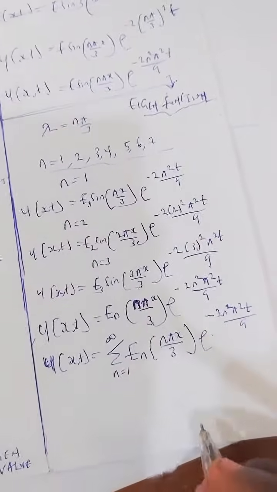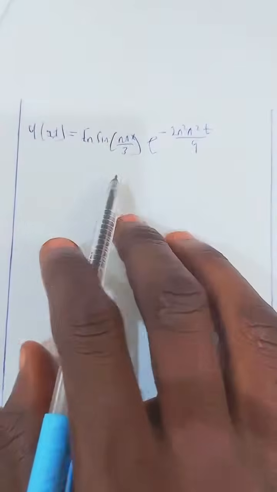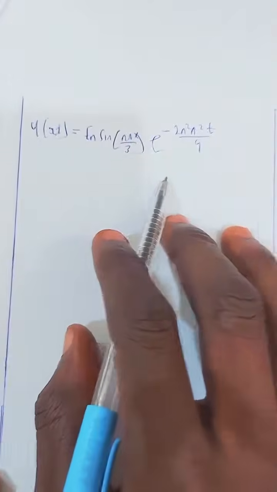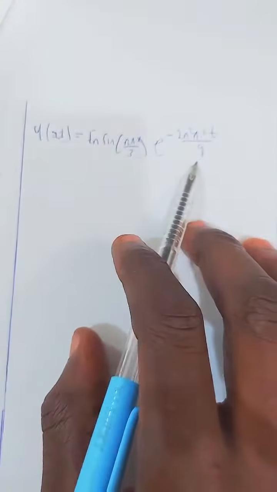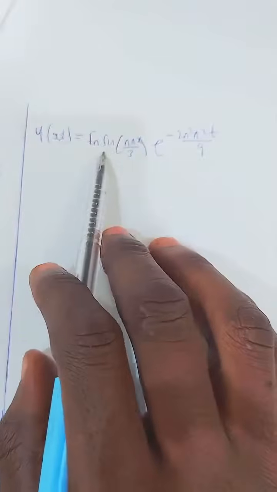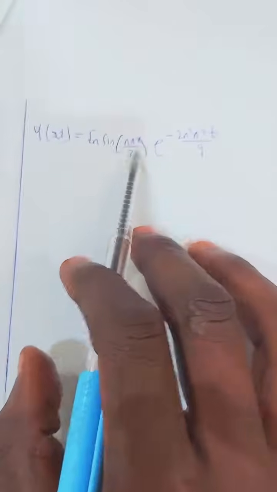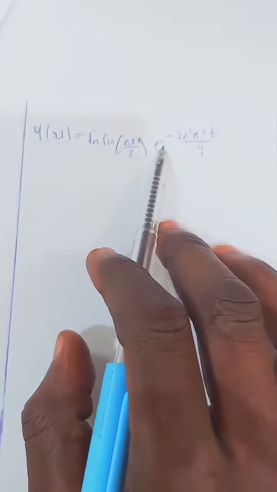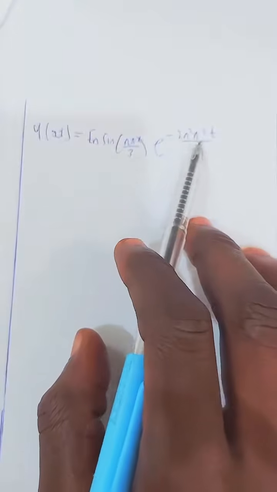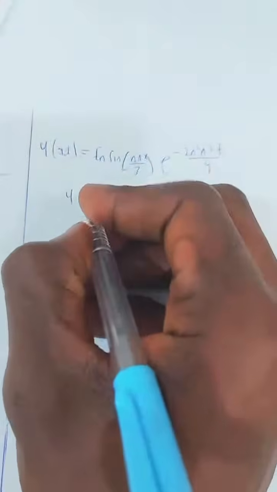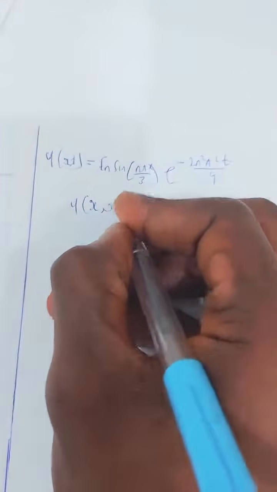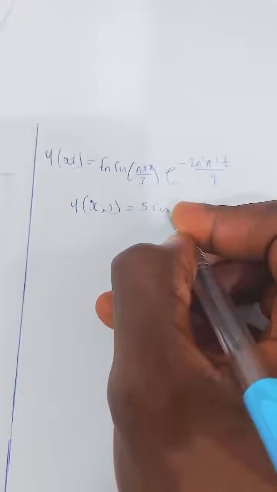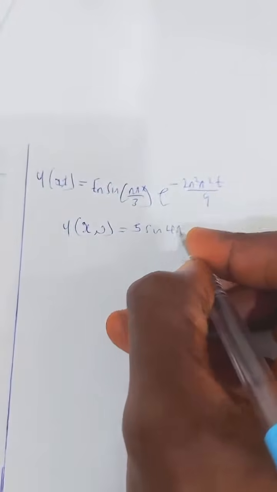From here, let's apply the initial condition. This is my general wave equation, e subscript n sine all into bracket n pi x over 3 multiplying exponential raised to the power of negative 2n squared multiplying pi squared multiplying t all divided by 9. The initial condition says that u all into bracket x comma 0 equals 5 sine 4 pi x.